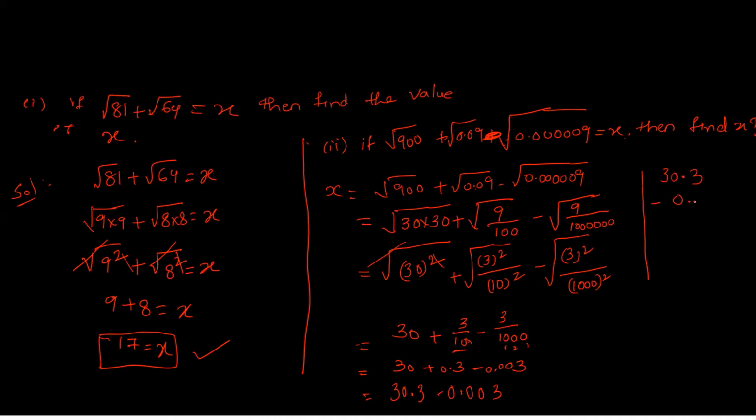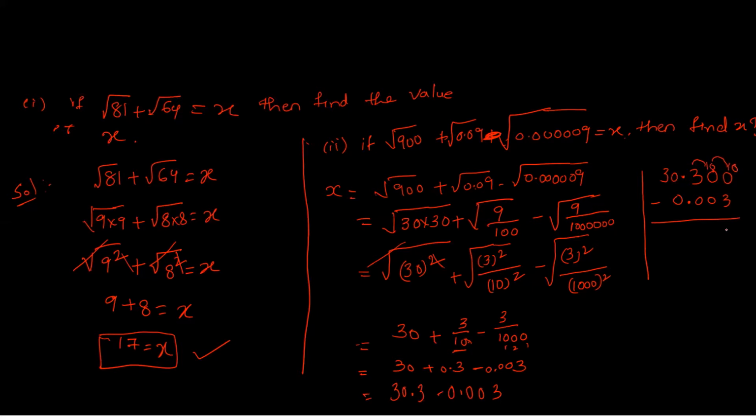You have to check the decimal points: the two decimal points should be in a straight line. Here we don't have the digits, so we can write zeros. Then 0 minus 3, we cannot subtract 3 from 0, so we have to borrow. Take 10 from here.